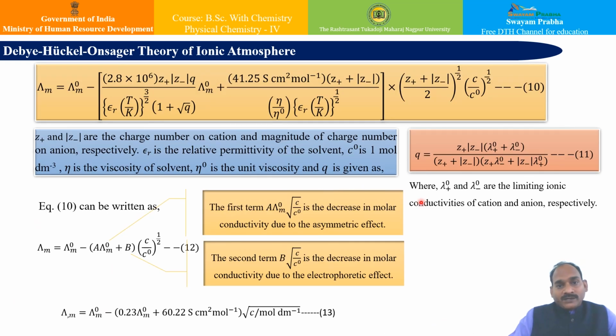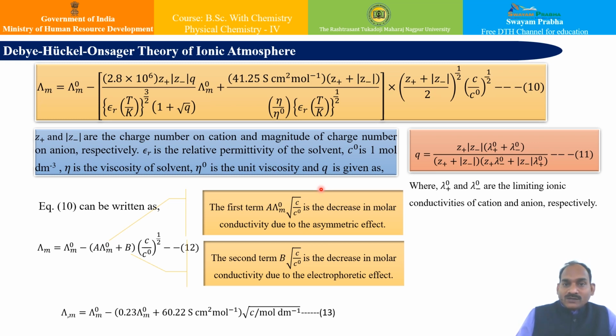So the drag experienced due to the asymmetric effect and the electrophoretic effect can be quantified, and Debye, Huckel and Onsager have given its mathematical expression. Debye and Huckel showed that both of these effects, asymmetry and electrophoretic effect of an ion, produce a decrease in molar conductivity, and their mathematical treatment was subsequently extended by Onsager.